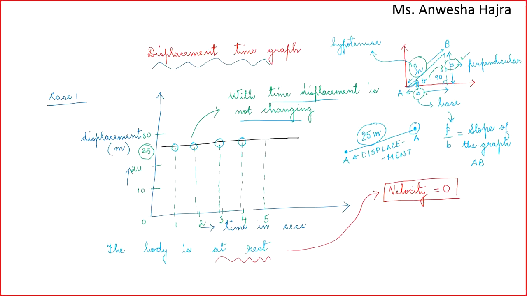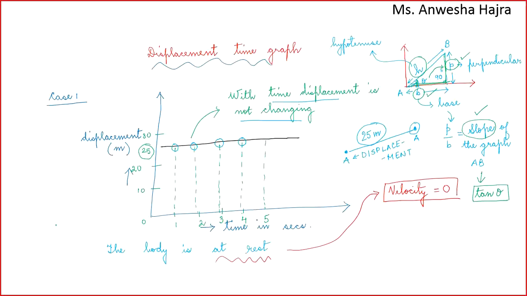Perpendicular by base, that means this side divided by this side, is called slope of the graph. In mathematics, children, you will find this term known as tan theta, tangent theta. But we will denote this as slope of the graph.